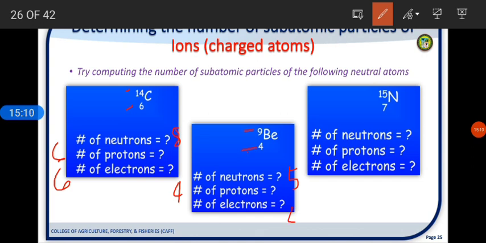And the electrons also is 4. Did you get it? And then we have nitrogen. The given mass number is 15 and the given atomic number is 7. So compute for the number of neutrons. Mass number minus atomic number, so 15 minus 7 is equal to 8.